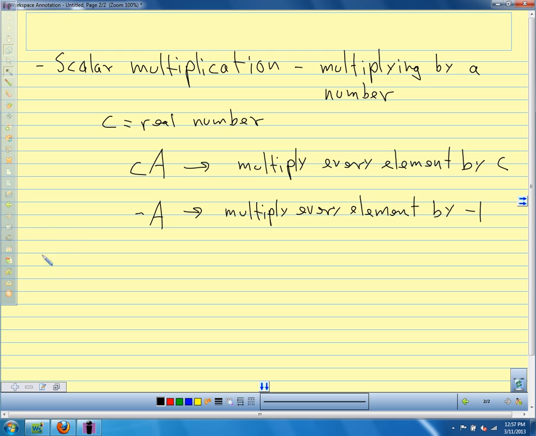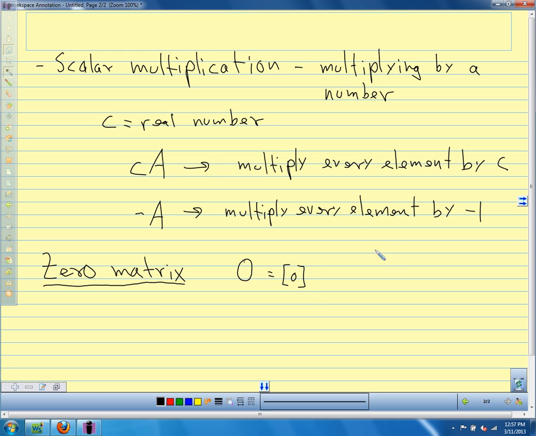All right, the zero matrix. The zero matrix is just the matrix with every element 0. And we use a capital 0. The other way you'll see it written is the matrix with all zeros.